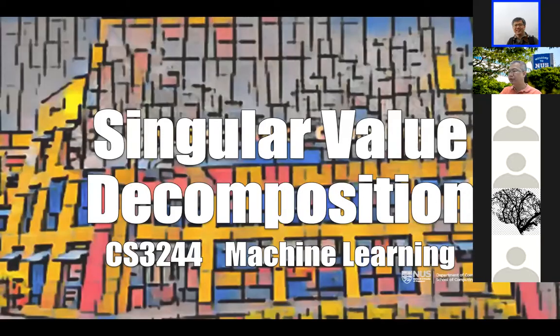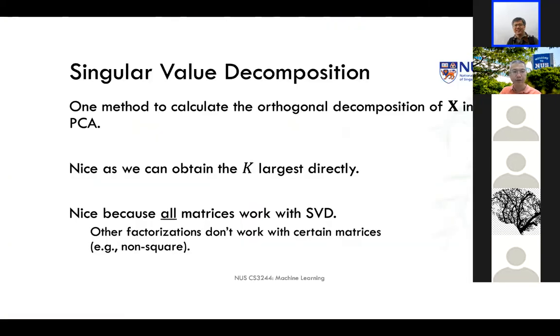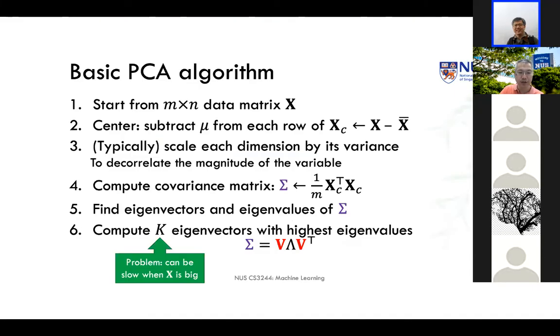All right, so now we'll move on to singular value decomposition. One of the problems with PCA, if we do it the way we saw on the previous slide, which is just to compute the covariance matrix and find the eigenvectors and values, is that this really only works well for square matrices.